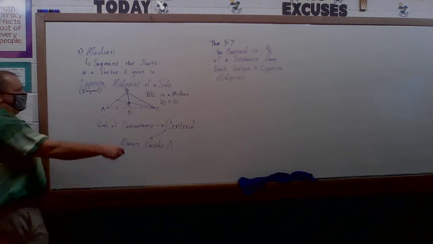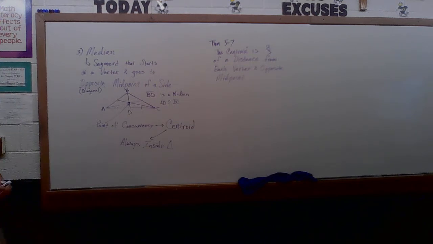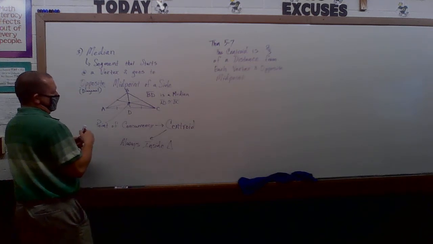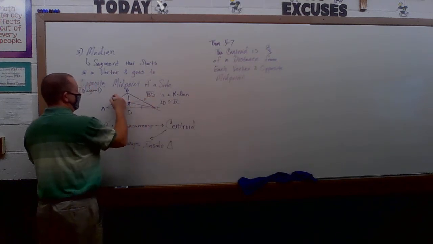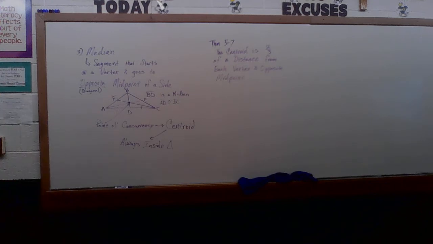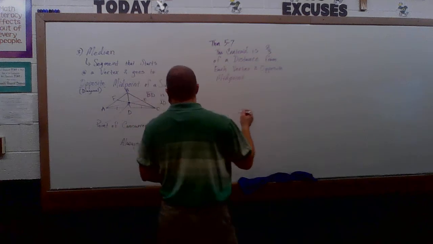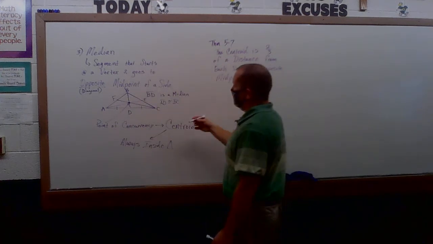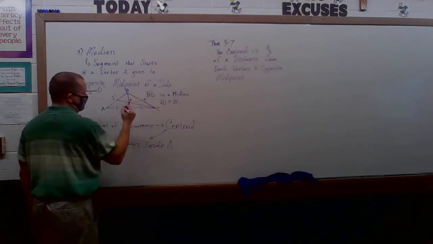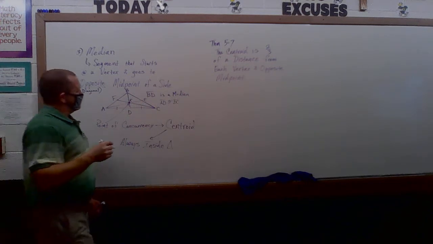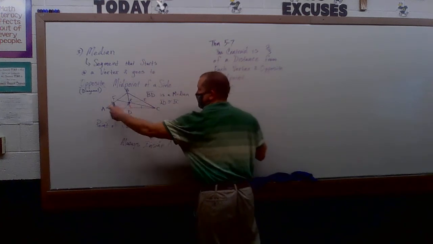So if we come back to this diagram again, on each of our others we would put some letters. So let's put an E over here and an F over here. So basically what this theorem is saying, notice that my centroid, let's call that K. So basically AE is one of my medians.